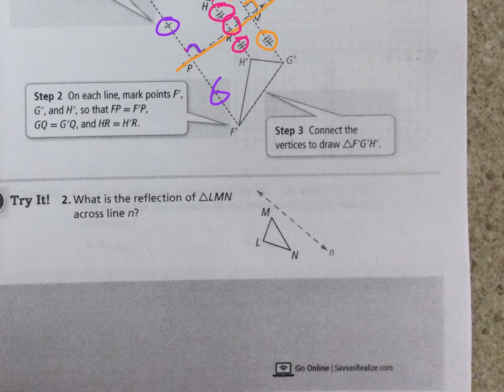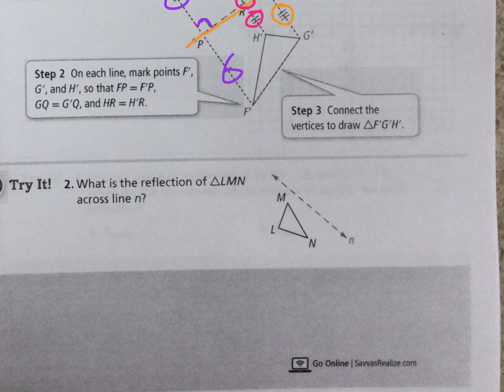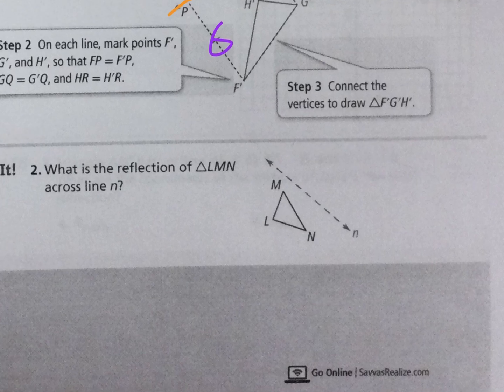All right, so what is the reflection of LMN across line N? And we're just going to estimate it. So this would be perpendicular, and this side would equal this side, and that's my point M prime. I forgot my prime on M. Line L, I would draw a line that was perpendicular to the line of reflection, and this side would equal this side, and that's my L prime.